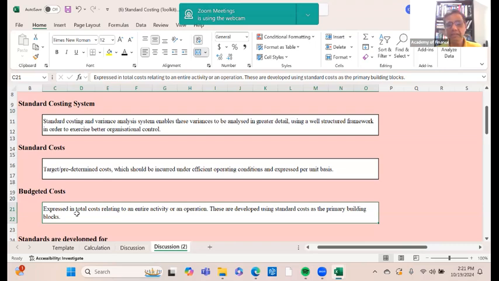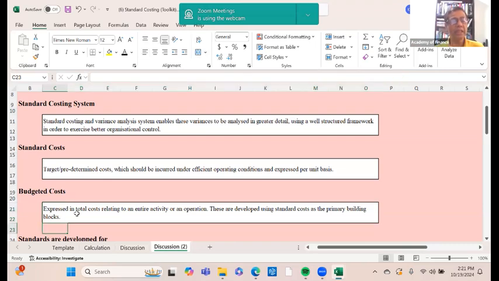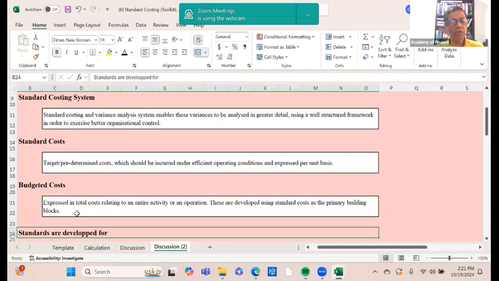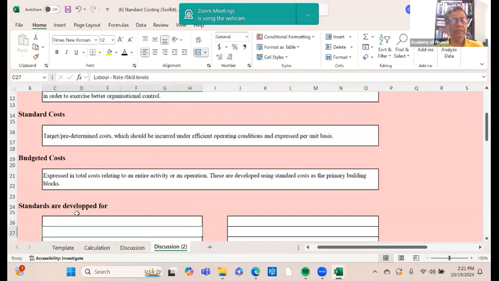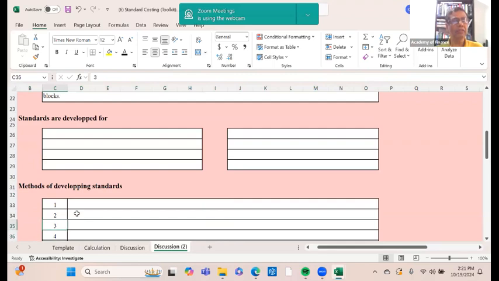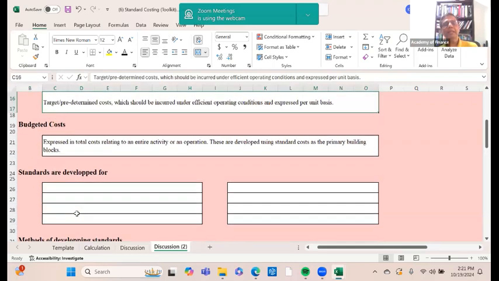Having said that, like we have been discussing, we are preparing standards for all these different areas. What sort of different standards do we use? With regard to raw material, what are the different standards?